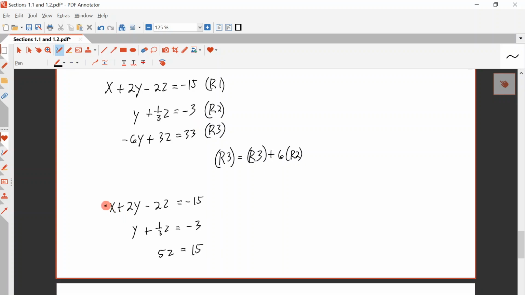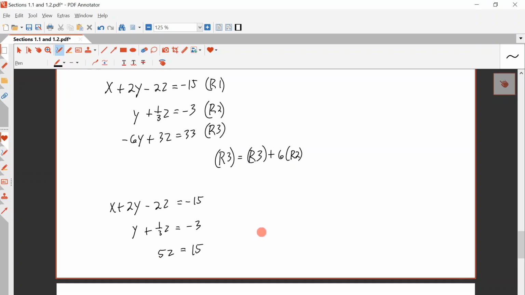So now I've got this nice sort of triangular shape here. Right? X is only here. So the first variable here is x, the first variable here is y, the first variable here is z. So you get this nice triangular shape to the system of equations, this nice sort of sloping line there.